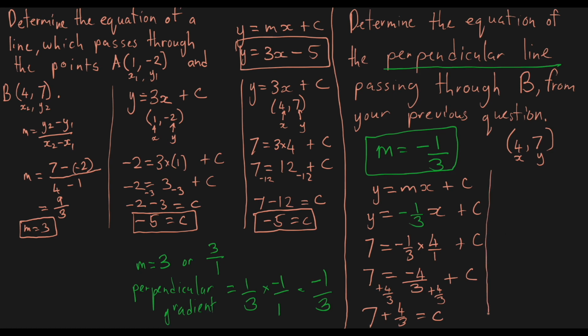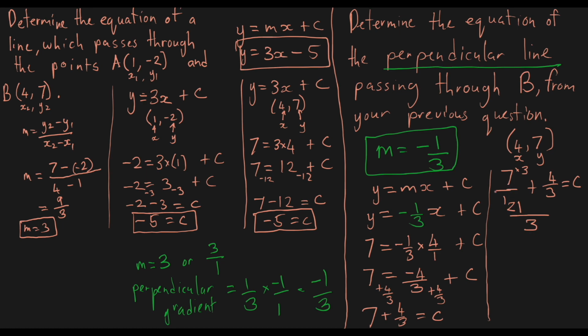At this point you could put this into your calculator, but if I write 7 over 1 plus 4 over 3, which is equal to c, we just do basic fractions. The LCM of 1 and 3 is 3. 1 to 3 goes 3 times, so we have 21 over 3. Remember, 21 divided by 3 is 7.